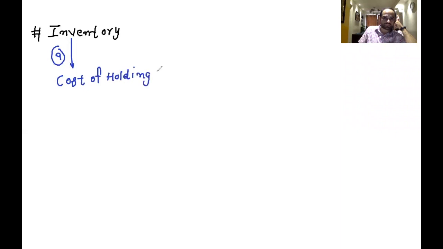The first cost of holding high inventory is storage cost.